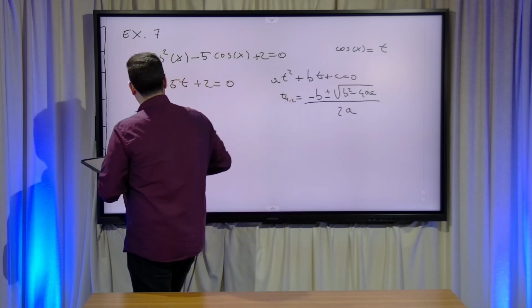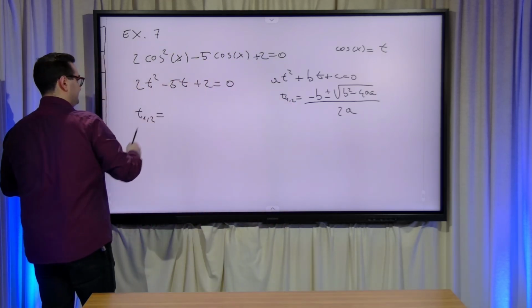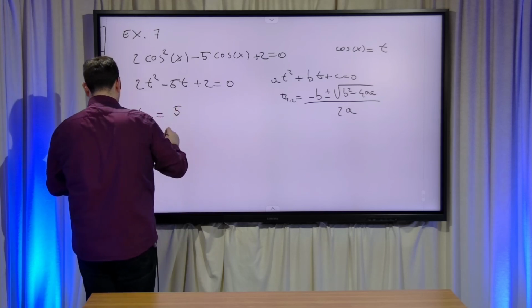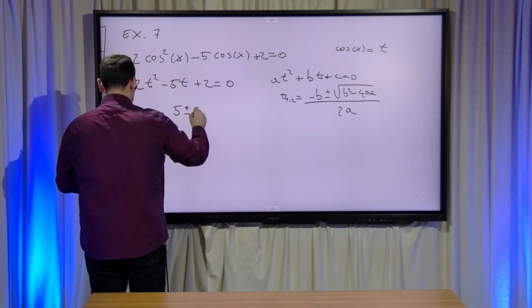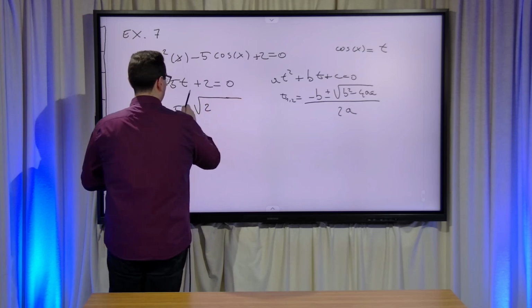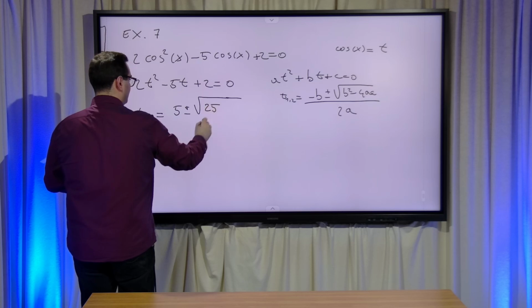Okay, so applying this formula to this case, I can write 5 plus minus the square root of b squared, which is 25.